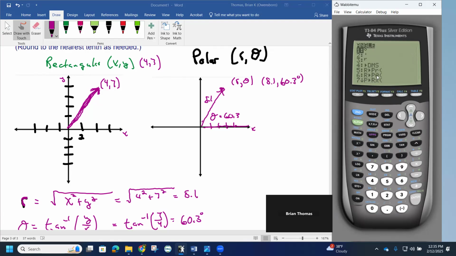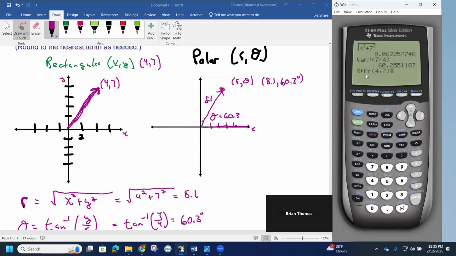The second formula will do the angle. If I choose number 5 to start with, what we need to put in here, I believe, is the ordered pair, 4, 7. So if I put 4, comma, where is the comma at? Here's the comma above the 7.